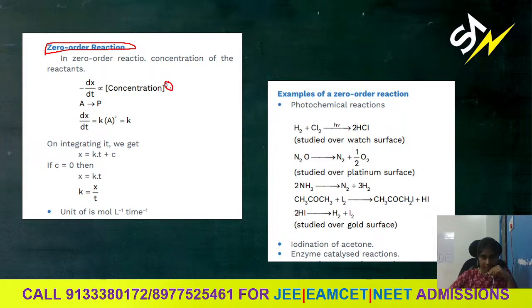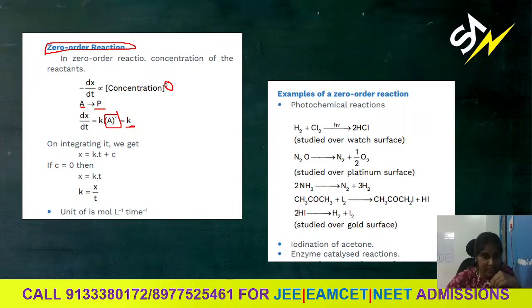For example, reactant A gives products P. The rate dx by dt is equal to k times the concentration of A to the power of 0. That gives k, because anything to the power 0 is 1. Thus dx by dt is equal to the rate constant in a zero order reaction.